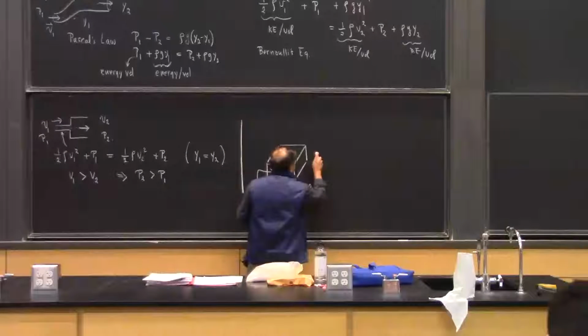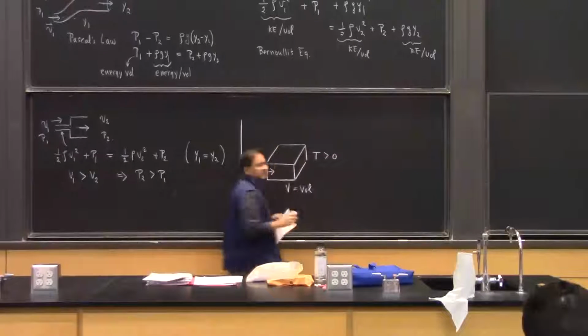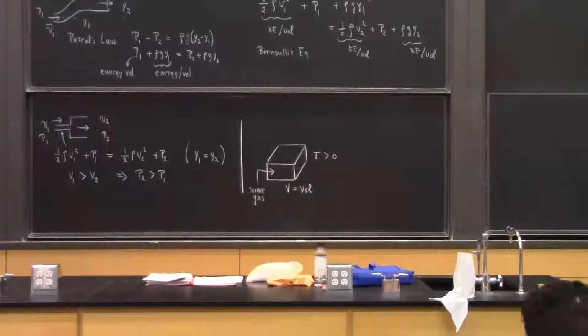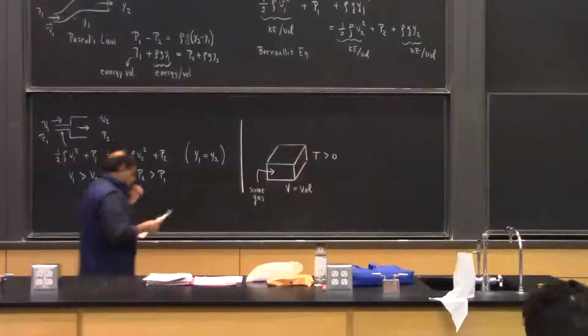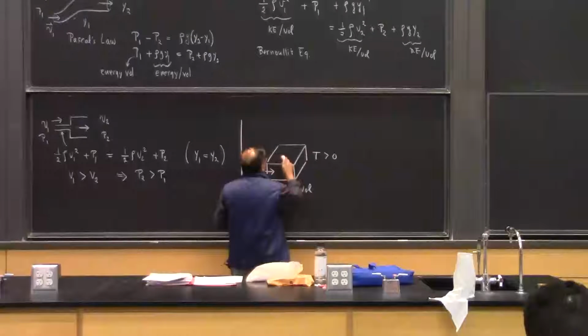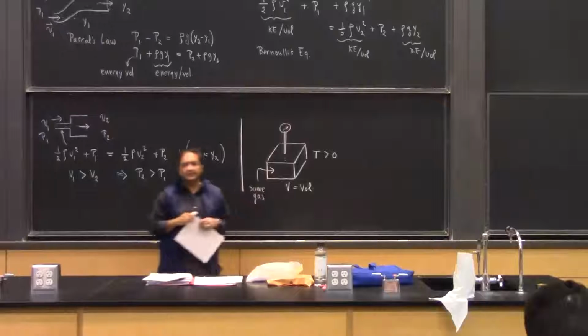And let us say it's at some finite temperature T, and T is some positive temperature. So we are not worried about what T is right now. And let us say that we can actually somehow measure the pressure of this gas. So I can insert a pressure gauge into this thing, and this pressure gauge tells me what the pressure in the gas is.